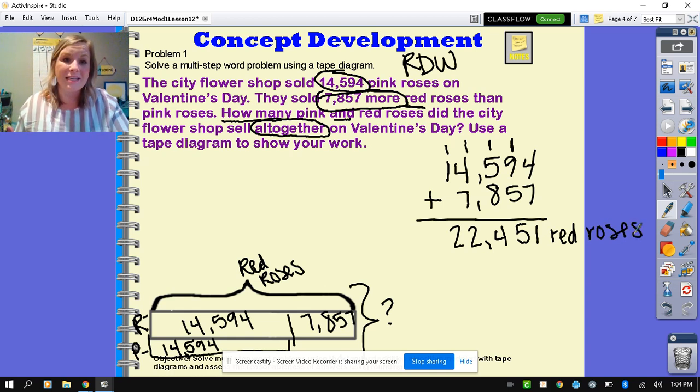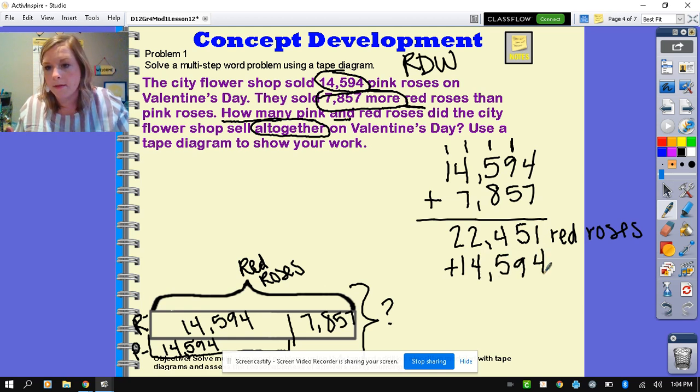Okay, so we aren't done because we know it's a multi-step word problem. They wanted us to find all together. So I'm going to add the original amount of pink roses. And again, I'm checking. My ones are lined up, my tens, my hundreds, my commas are lined up, and all the way through to make sure that I'm adding correctly. And I'm going to always start in my ones column over here.